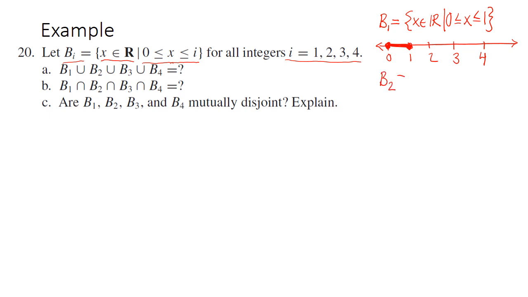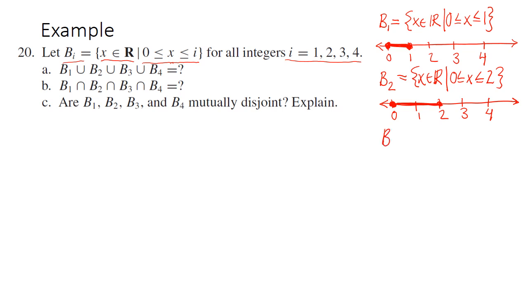Okay, B2, I'm just plugging in 2 for i. So this is going to be x in the reals such that 0 is less than or equal to x, which is less than or equal to 2. So plugging in 2 for i this time. And let's make the same illustration here. 0, 1, 2, 3, 4. And this time I'm going from 0 to 2.